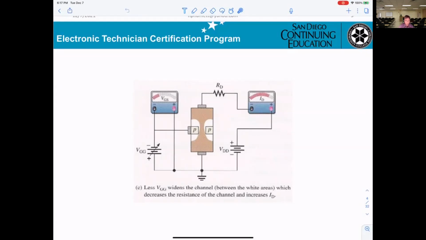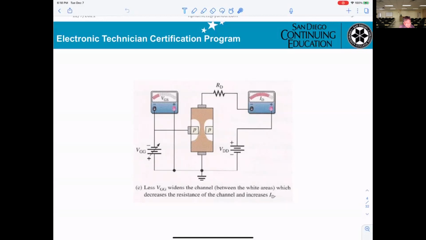Okay, up to this point, any questions? Yeah, go ahead. So this device controls the main current using voltage on the gate, and the bipolar transistor controls the main current using current, right?